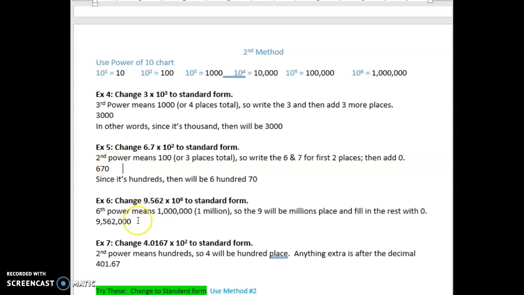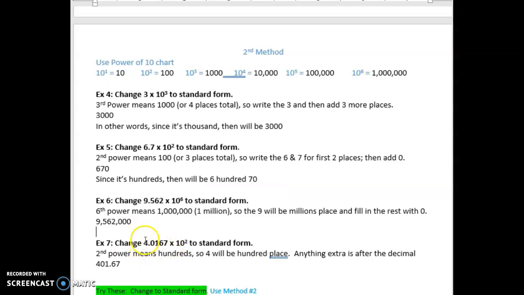Well, let's check out example 6. 9.562 times 10 to the power of 6. Well, anything to the power of 6 means millions. So automatically, I know 9.562 is going to become 9 million and something. So I've got 9,562,000, and I can just fill in the rest with zeros.